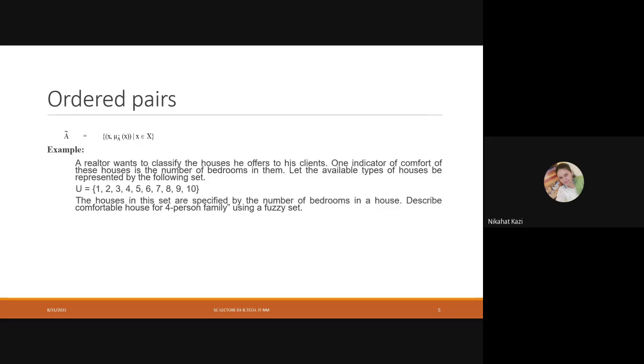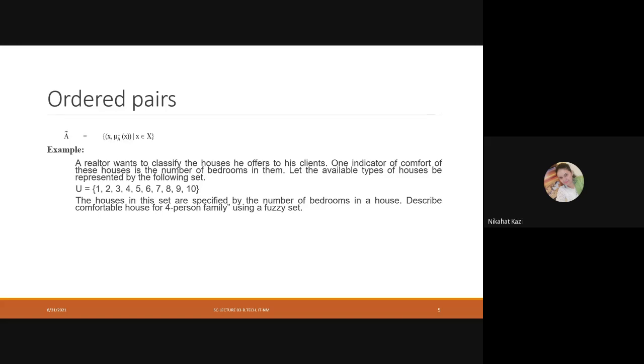For example, say a realtor wants to classify houses, and the indicator for comfort for these houses is the number of bedrooms. You have to create a fuzzy set which represents this scenario.